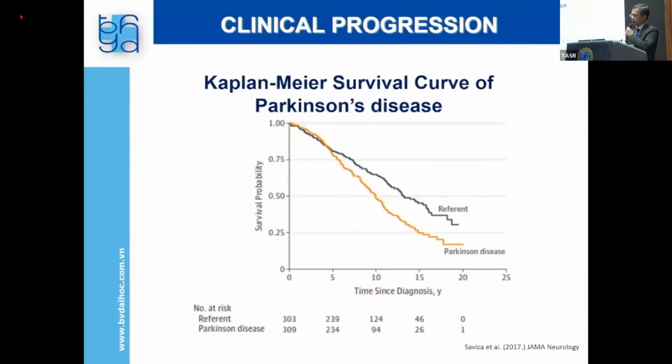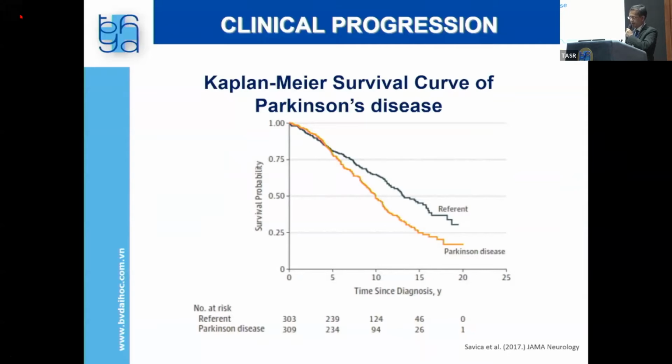How about the survival of Parkinson's disease? You can see in this chart the survival curve of Parkinson's disease when we compare the Parkinson's disease patients with the reference group. You can see in the first 5 years, the survival is the same between the 2 groups. But after 5 years, the patients with Parkinson's disease will have lower survival compared to the reference.